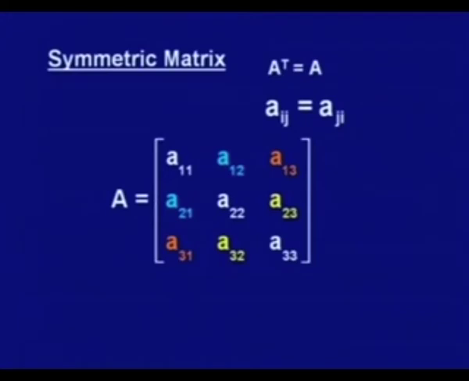So, if I have a square matrix A, then this matrix will be symmetric if A21 is the same as A12, A31 is the same as A13, and A32 is the same as A23.